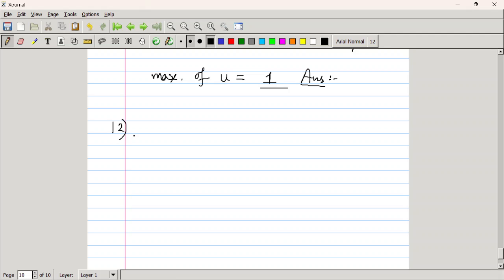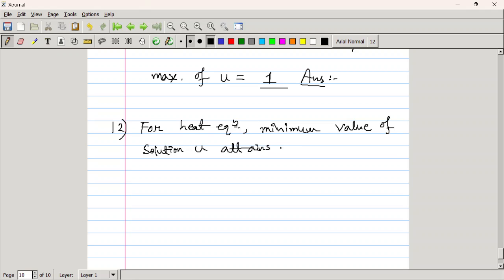Let me write that for the heat equation, the minimum value of the solution u also attains at the boundaries.